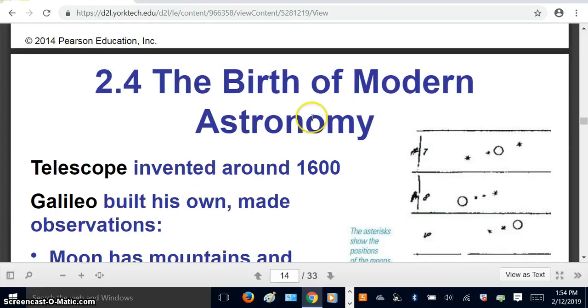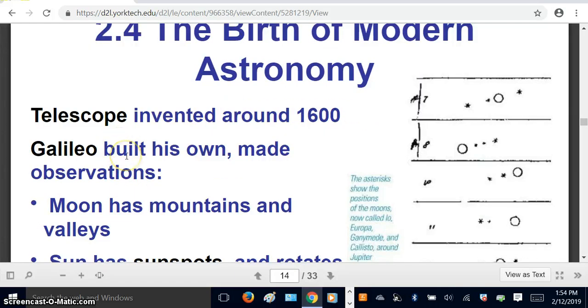All right, so it's the year 1609. Galileo, who is a good 100 years or so after Copernicus, doesn't actually invent the telescope, but he hears about it, and he builds one of his own, and he goes out and begins to look at the night sky in 1609.